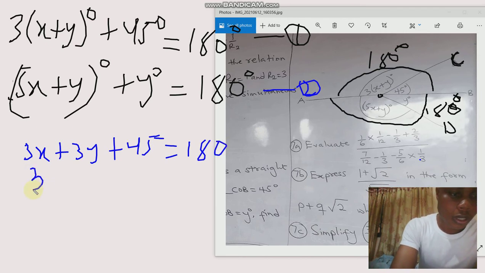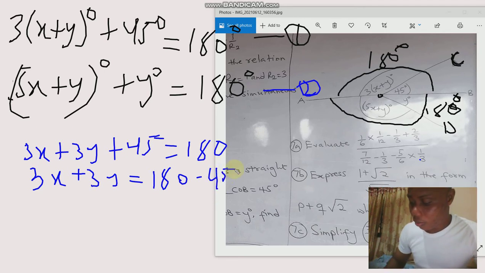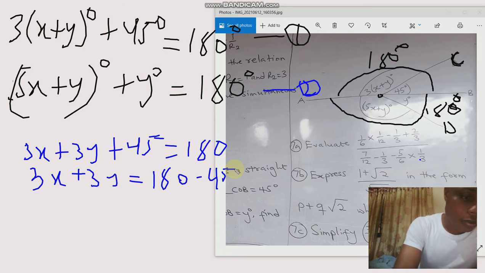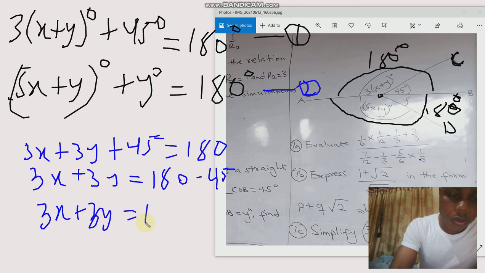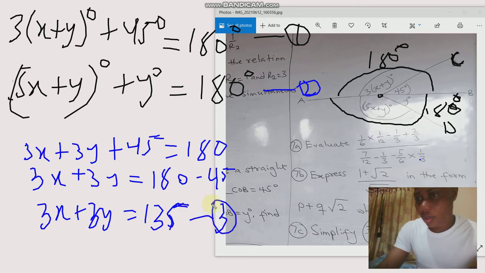That gives me 3x plus 3y equals 180 minus 45, which is 135. So I'll get 3x plus 3y equals 135. This will be my equation 3.